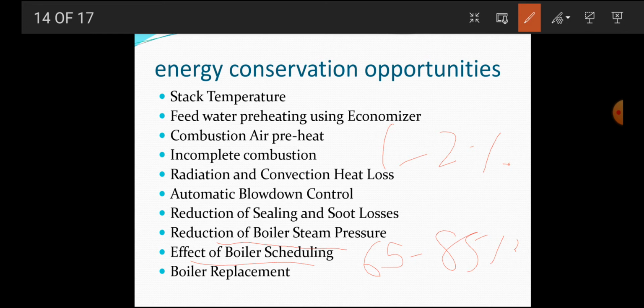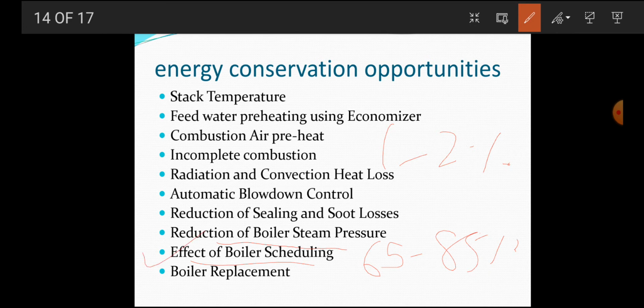So if there are 3 to 4 boilers, and the load is less and you are operating all 4 boilers, then the efficiency will be less. In case you are operating only 2 to 3 boilers at full load, then the efficiency will be high. So you need to schedule.